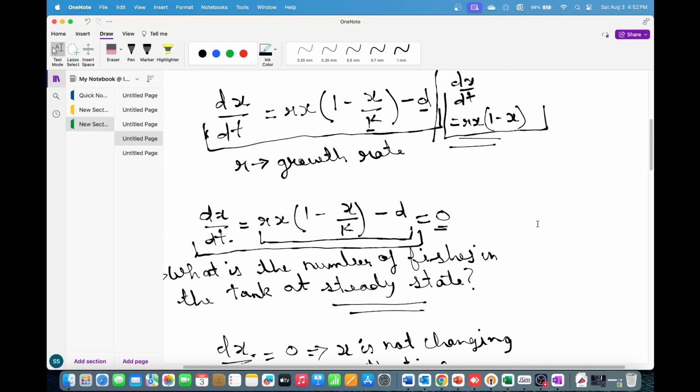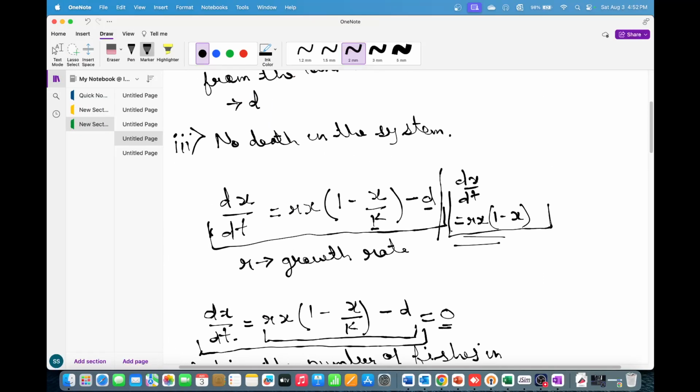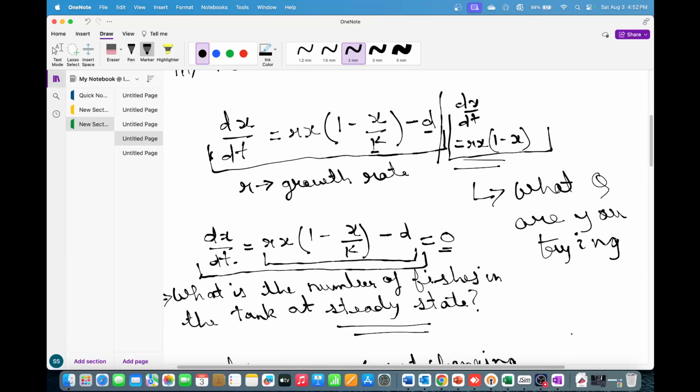So what I want you to understand intuitively is what question you are trying to answer using the model. If you think intuitively, the question of how many people will be infected is not very different from the question of how many fish will remain in the tank.